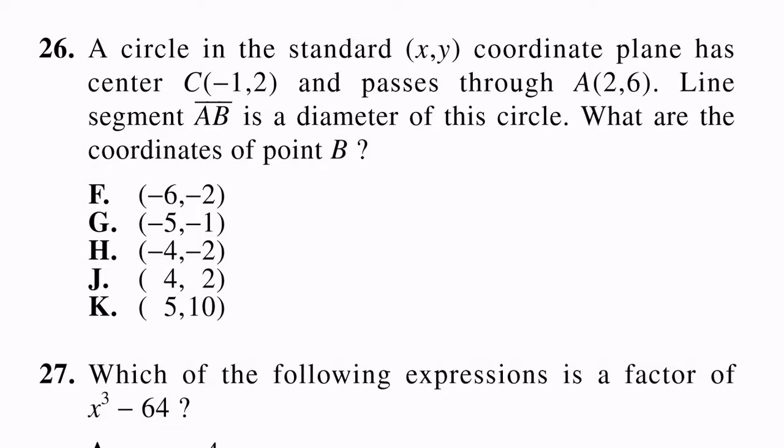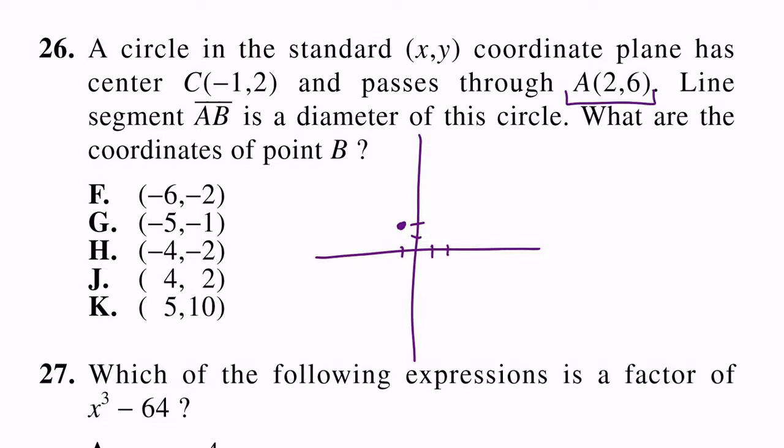We can figure this out if we do a little bit of a sketch of a graph. So we know that it has a center of (-1, 2). So the center of our circle will be right here, about. This doesn't have to be a perfect sketch. And then we know that there's a point at (2, 6).